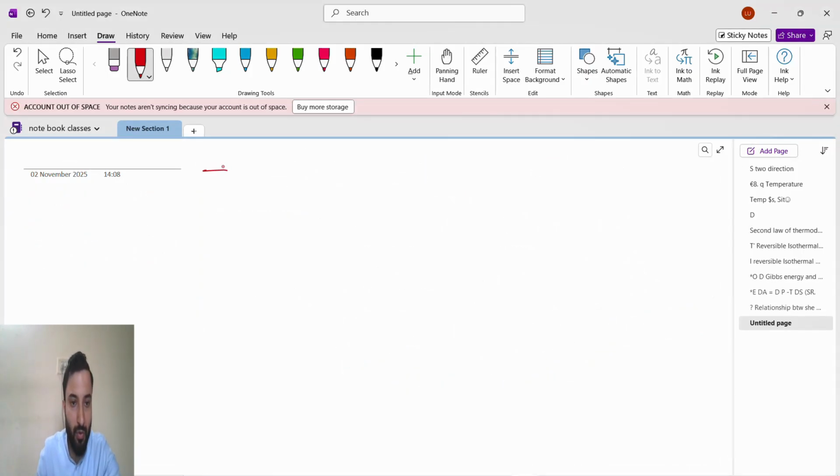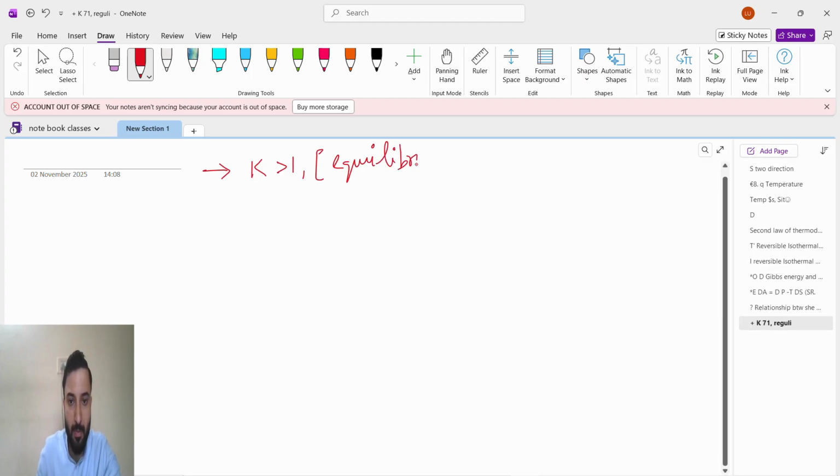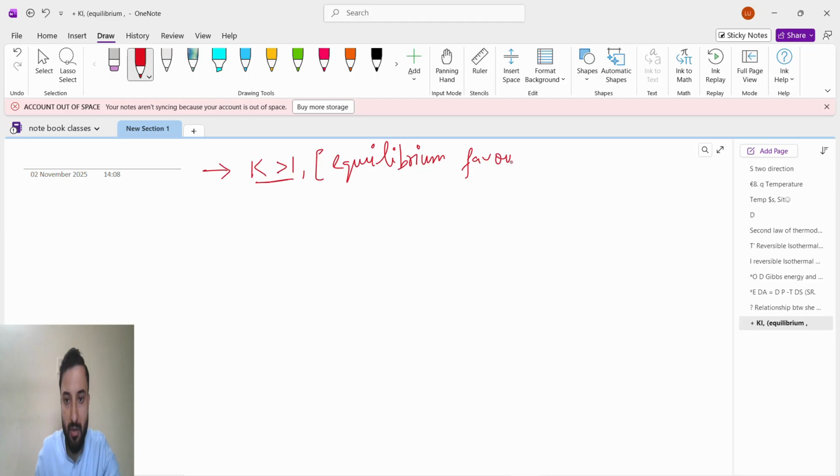Now we will write down a few conditions and that's done. So see here, if K, meaning the equilibrium constant, is greater than 1, what will happen? Equilibrium favors the forward direction. K favors the formation of product.